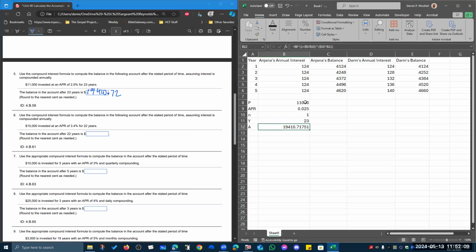Now let's make this 10,000, 0.034, and that's for 22 years, which gives 20,866.61.